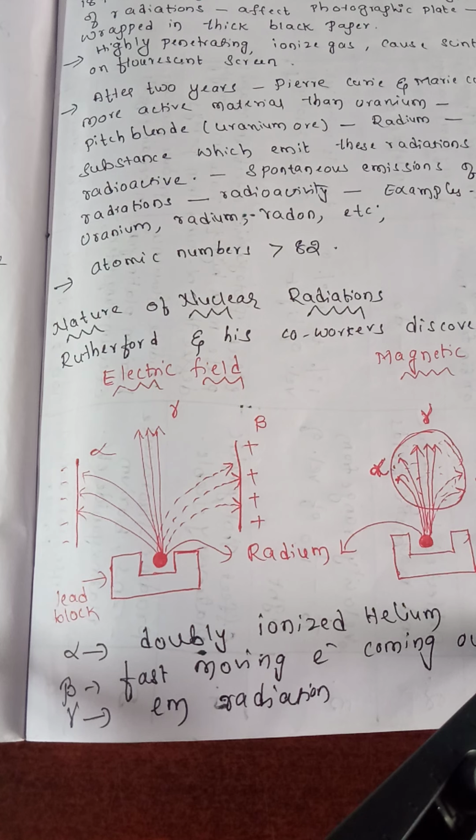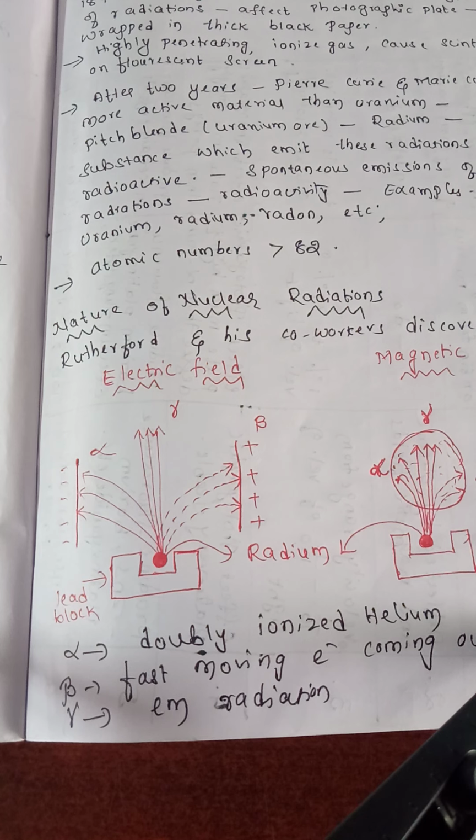The experiments proved that alpha particles are nothing but doubly ionized helium atoms. Beta particles are nothing but fast moving electrons that emerge out from the nucleus.